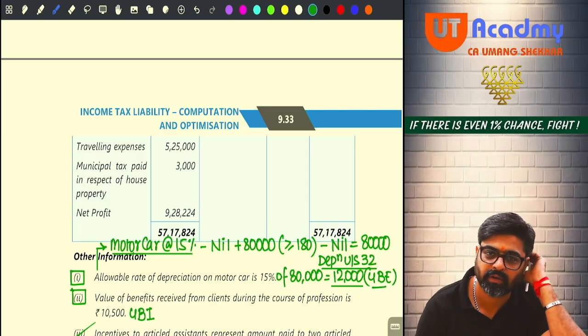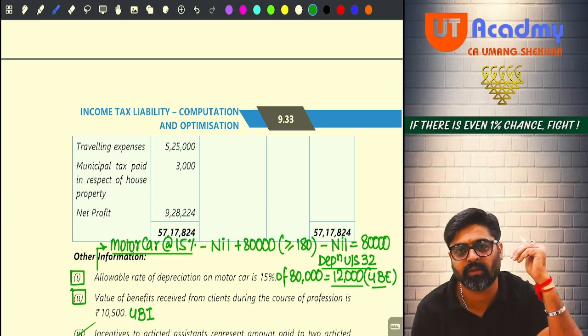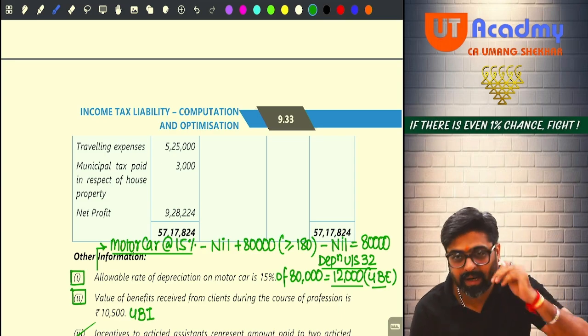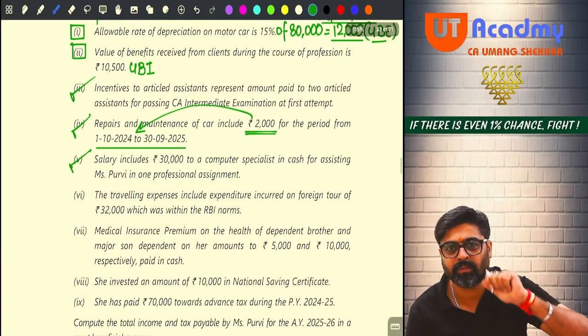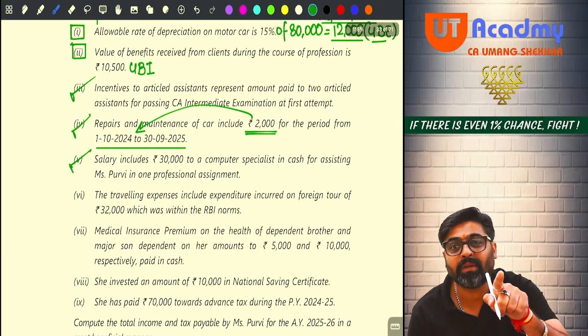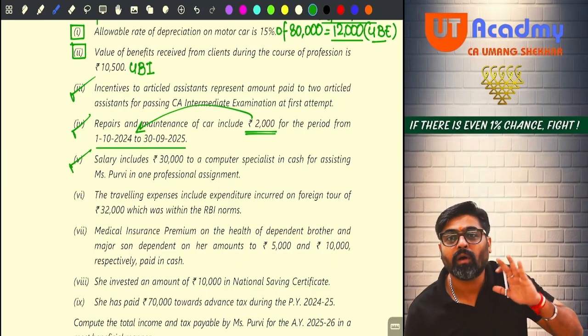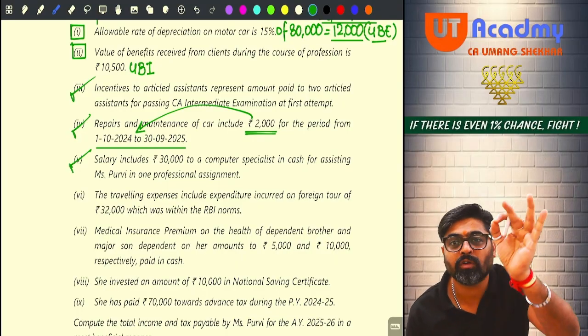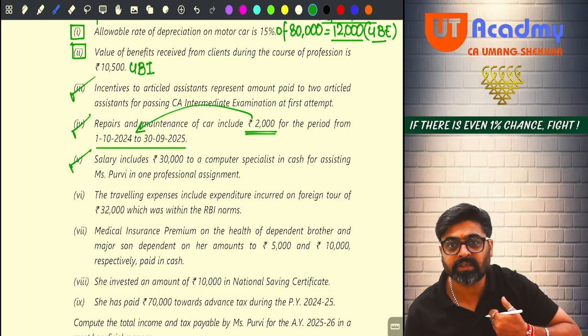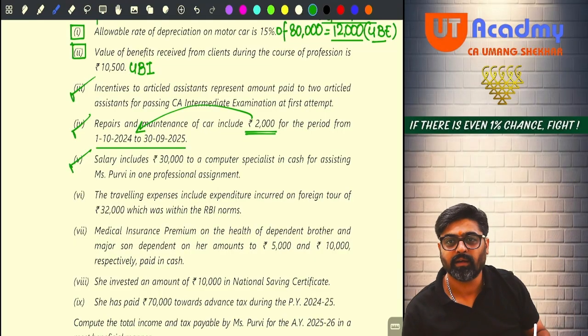Just because it is a foreign tour, it is not a business related expense. Who told you that foreign tours are always made for personal purposes? Are they telling you that the foreign tour was for personal purpose? So till the time they are not telling you that, we will always assume that the foreign tour was for professional purpose. I must have a client outside India.